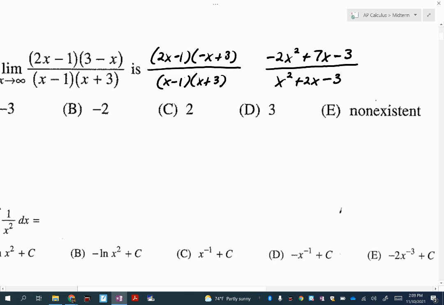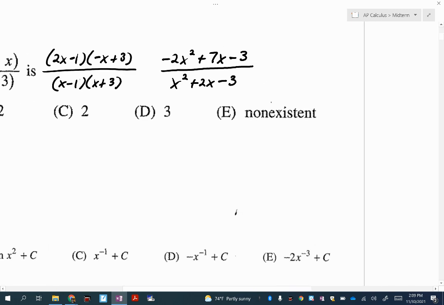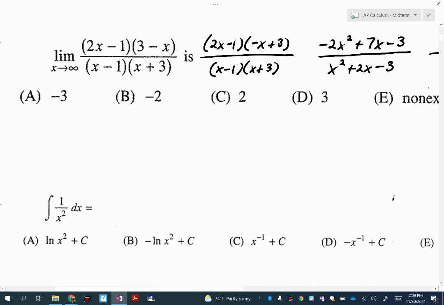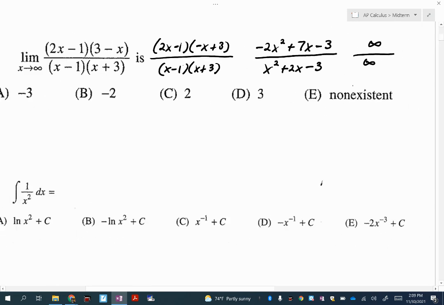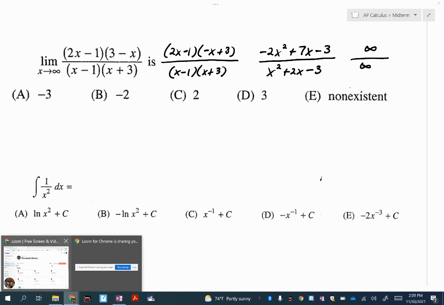And if I plug in infinity for these, you'll notice that I'm going to get infinity over infinity, right? So kind of like we talked about with the lesson on L'Hopital's rule, what we can do is take the derivative of the numerator and the denominator and then try plugging in that value of infinity again.